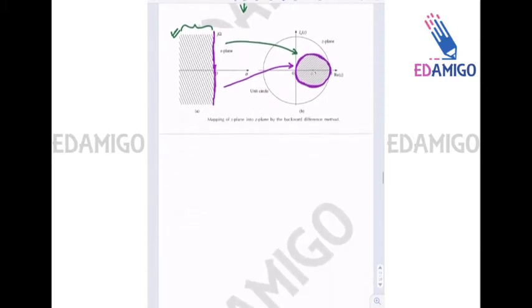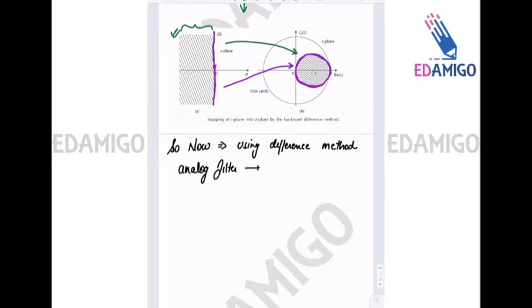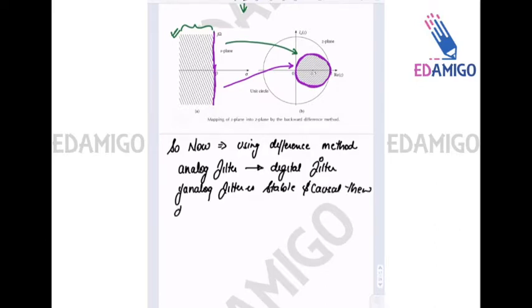So now a very important point is that, using the difference method to convert an analog filter into a digital filter, if the analog filter is stable and causal, then the digital filter will also be stable and causal.